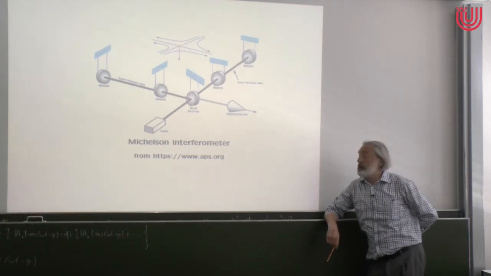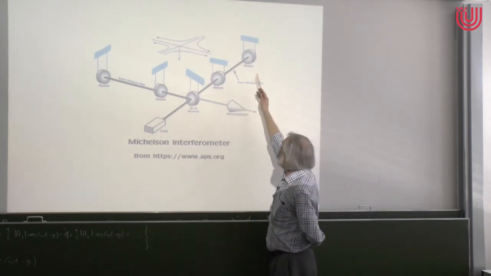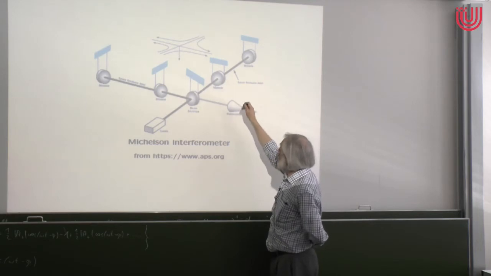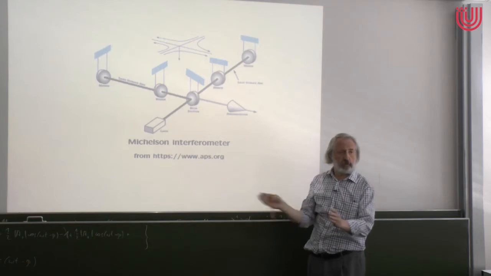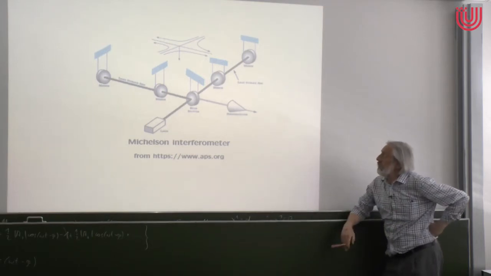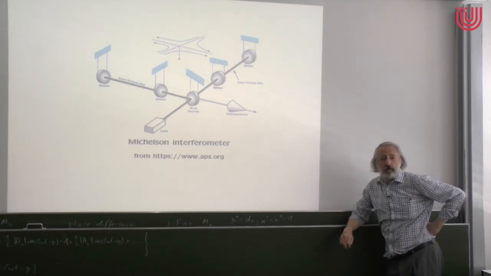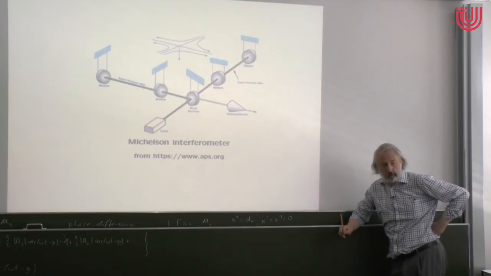In the case of LIGO, this factor is, I think, 400 or something like that. So this is here shown in a very sketchy way. These are actually Fabry-Perot cavities. So these are cavities where the beam goes back and forth very often. And in this way, the effective arm length of LIGO is something like 400 times 4 kilometers, 1,600 kilometers.